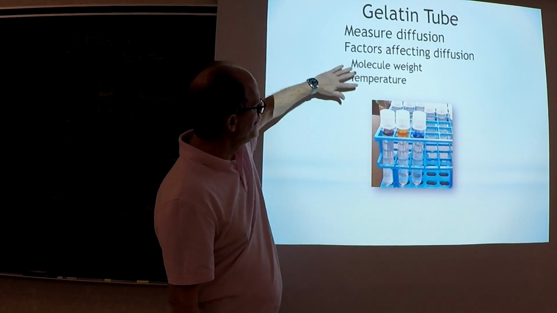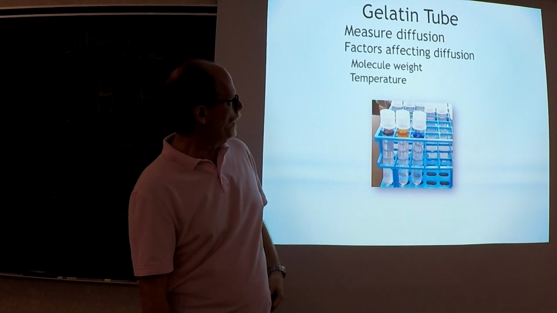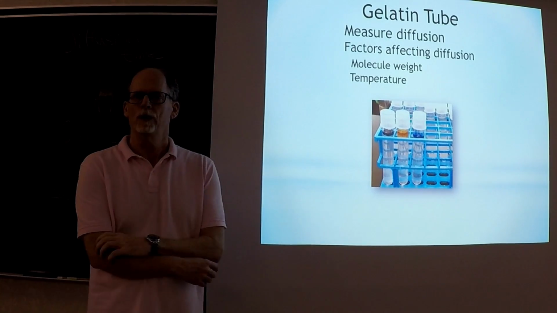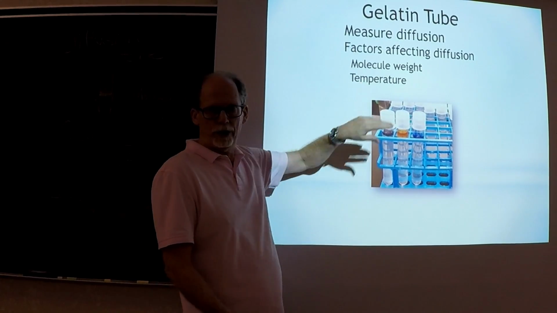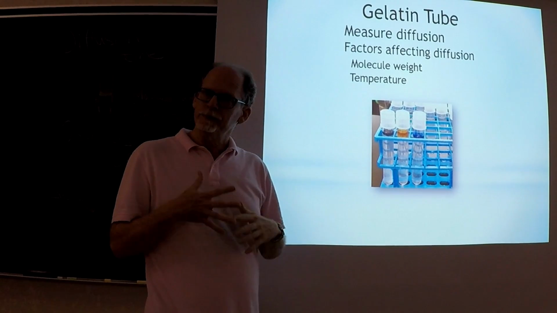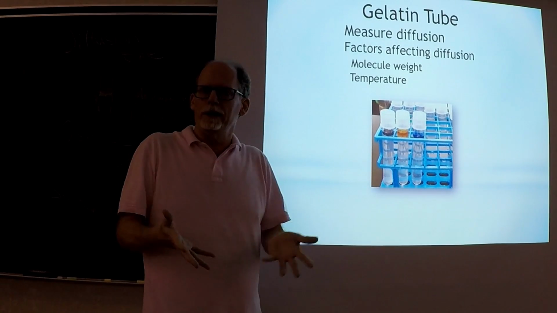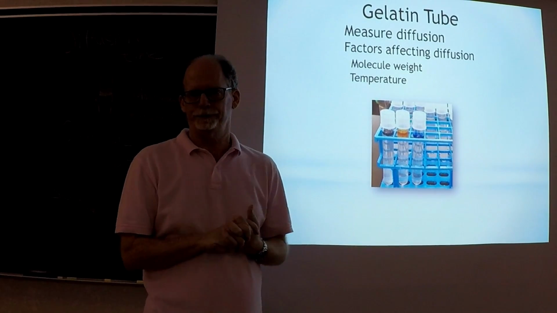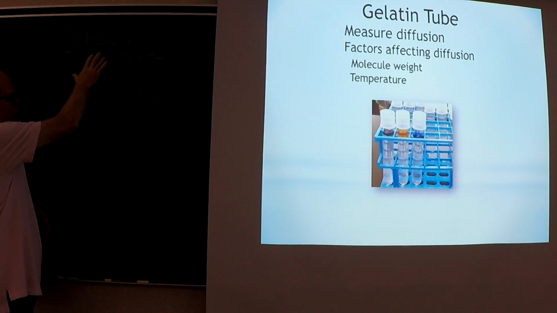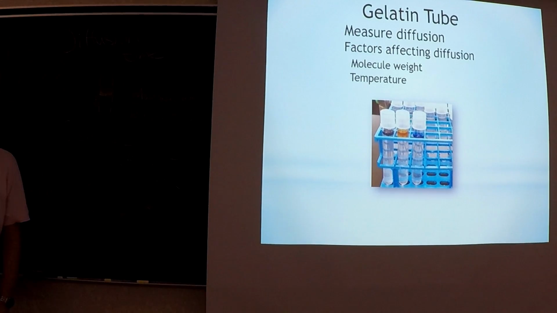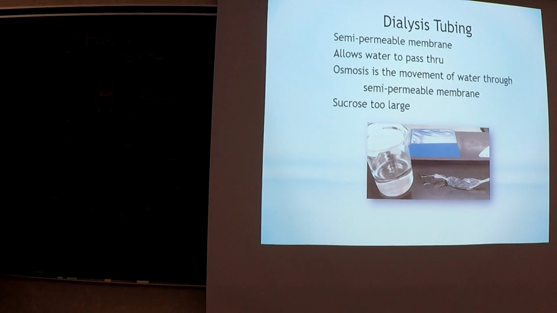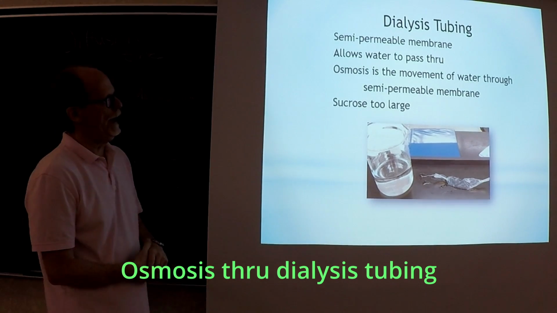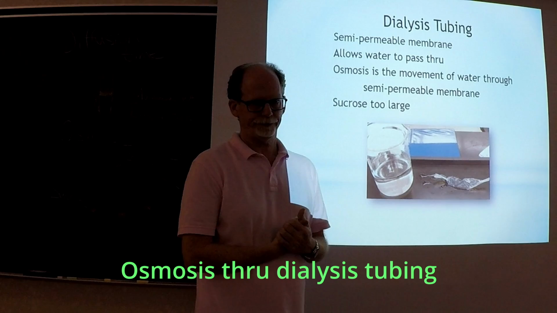And then we can ask what effect molecular weight has on diffusion, and also see how temperature affects it: the higher the temperature, the more quickly you'd expect diffusion to occur. Gelatin tube diffusion. For osmosis, we're using what's referred to as dialysis bag or dialysis tubing.